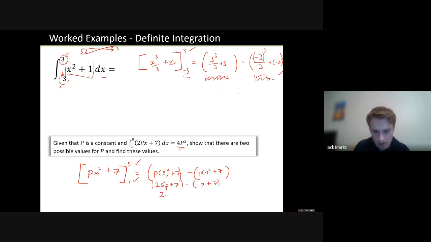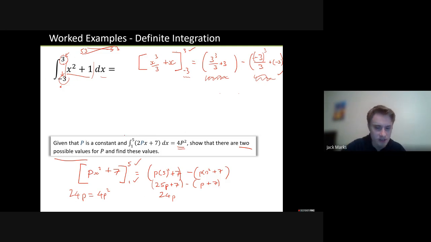So we get 24p and minus 7. It seems to eliminate itself. So 24p, we're also told that this is equal to 4p squared. So can you see here we have a quadratic that we can solve, and that kind of explains why it says 2 possible values.